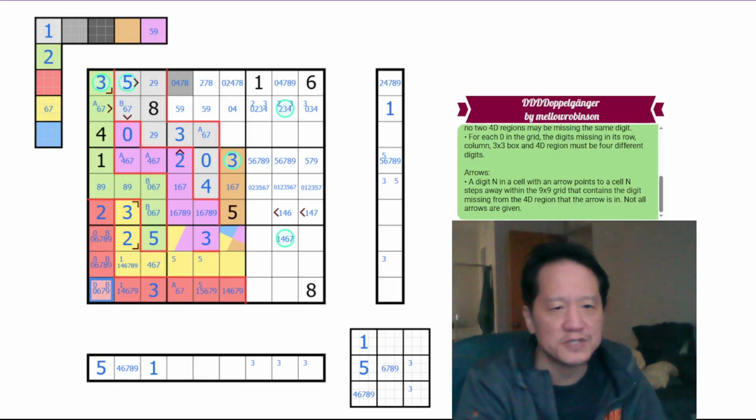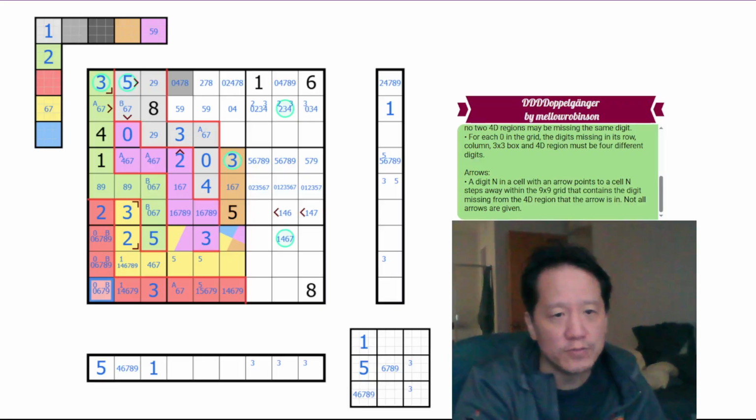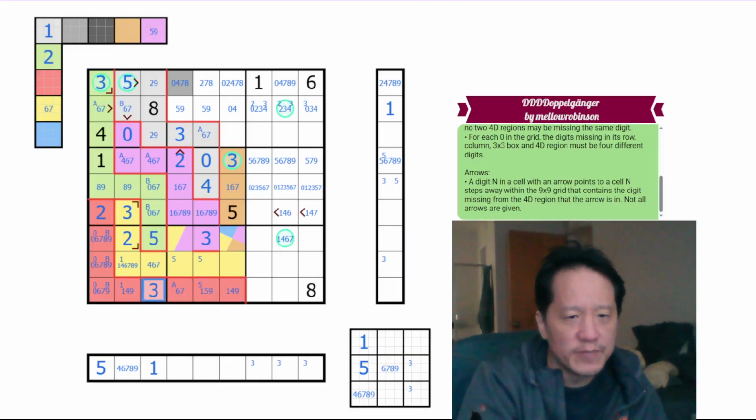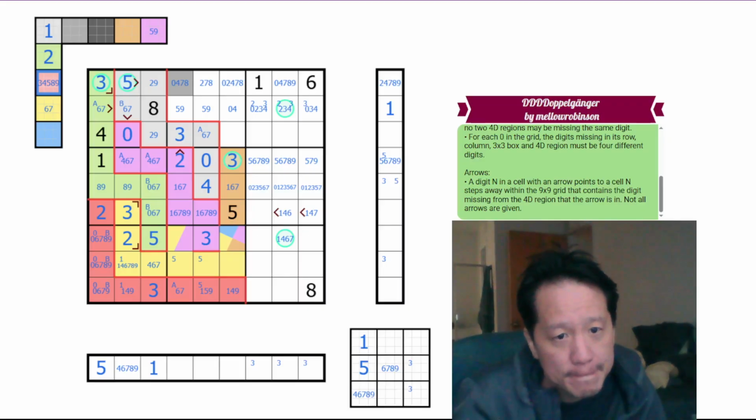Because we're not missing a 6 or 7 in column 1. So this is B, 6 or 7 in red, and this is A, 6 or 7 in red, which eliminates 6 and 7 from the rest of the red region. So we have to have both 6 and 7 in red. So this is missing 3, 4, 5, 8, or 9 in the red region.